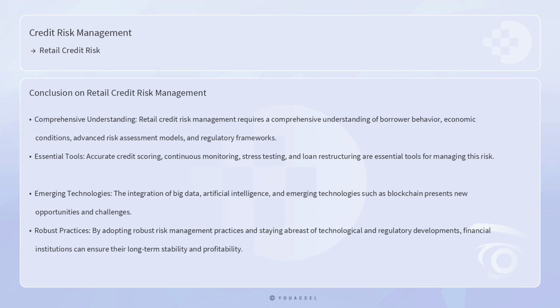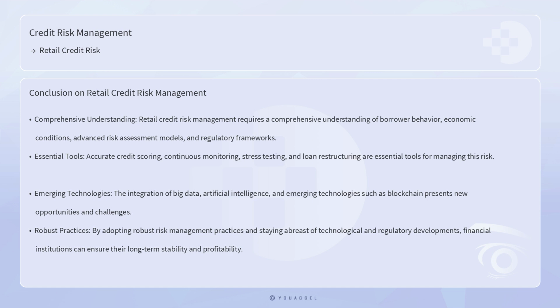In conclusion, retail credit risk management is a multifaceted discipline that requires a comprehensive understanding of borrower behavior, economic conditions, advanced risk assessment models, and regulatory frameworks. Accurate credit scoring, continuous monitoring, stress testing, and loan restructuring are essential tools for managing this risk.